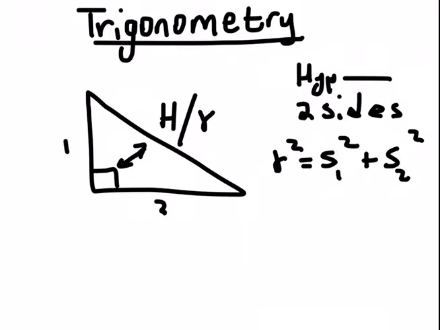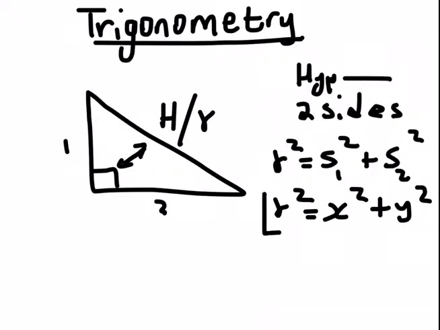It doesn't matter if you write it as r squared equals x squared plus y squared. What matters the most is that you are saying the longest side is equal to the other side and that other side, each side being squared. So at this stage, this is what we know based on the theorem of Pythagoras.